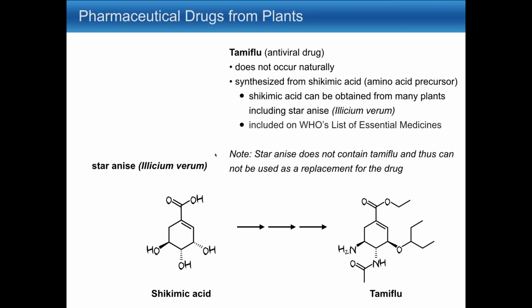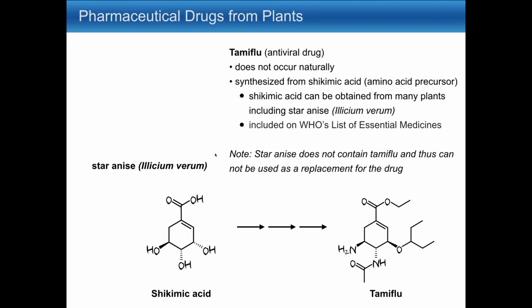Tamiflu is not naturally occurring, but when the demand for it went up, what happened on the market is that the price of a plant called star anise went up manyfold, maybe tenfold or whatever, from what you could buy it for.